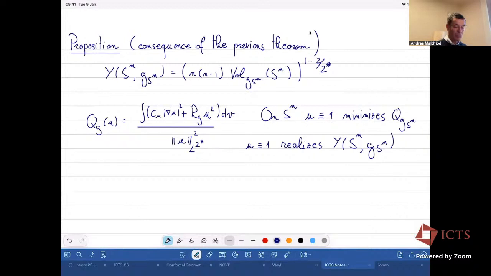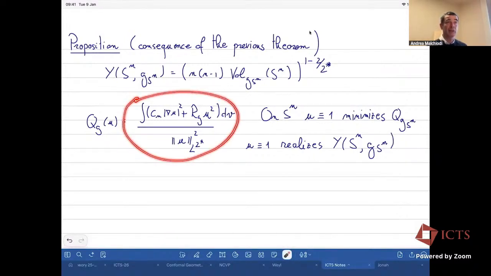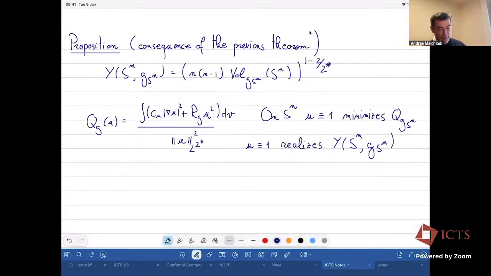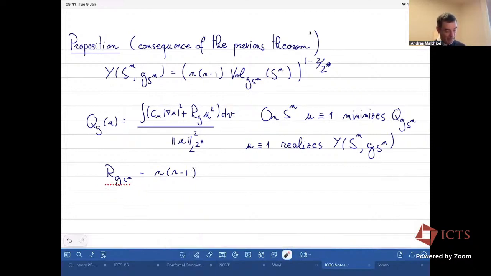Therefore you just plug into this formula the function u identically equal to 1. So for u identically equal to 1, the gradient, of course, is 0 because the function is a constant. The scalar curvature of the round sphere, let me write it here, is equal to n(n-1). And therefore, in this way, you just realize the optimal constant on the sphere.